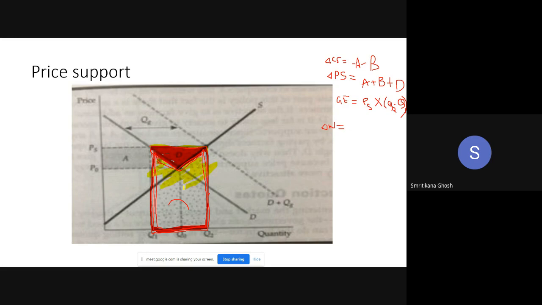Look at the yellow part. This is the deadweight loss. Okay. This total area is the deadweight loss. Maybe very uneven, but anyway, if you can understand, this is okay. This is the area of deadweight loss in case of price support program.